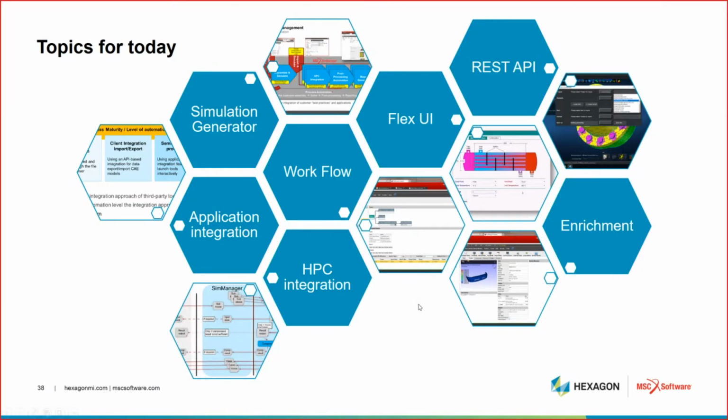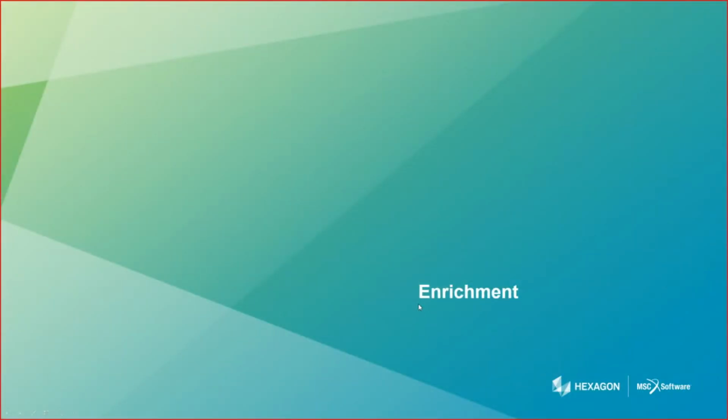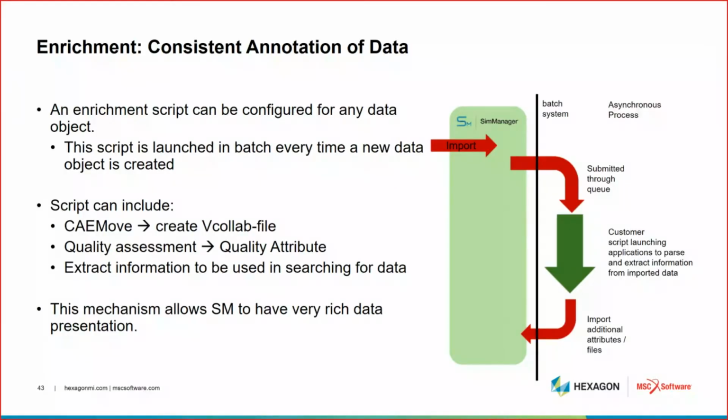Let me check. So whilst you're checking that, let me touch a little bit on the enrichment side, just to go through that in a little bit more detail. So I talked about the idea of enrichment really being a process that says, for example, if I import an input deck for a particular model, I can automatically enrich that to extract certain data from it.